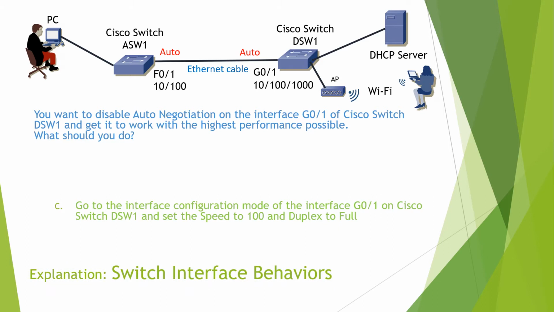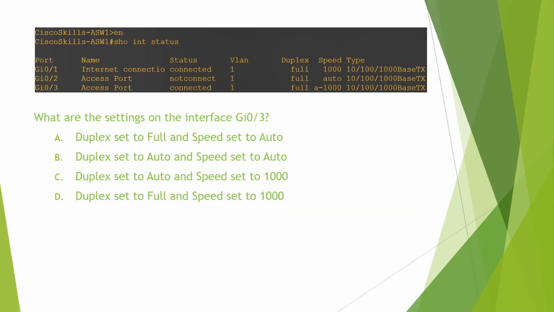You can find the detailed explanation for this question in the video. Switch interface behaviors. The question reads: what are the settings on the interface G0/3? You may notice the status of the interface G0/3 is connected, and the speed has an A in front of 1000, which means the speed is set to auto and it negotiates with the other partner and finally sets its speed to 1000 megabit per second.